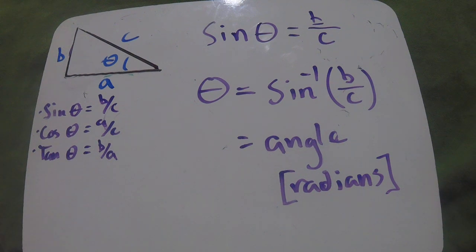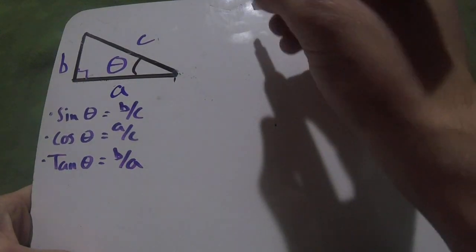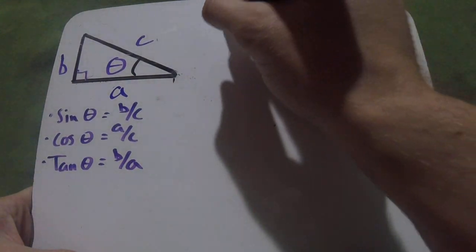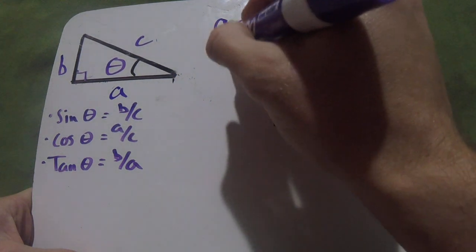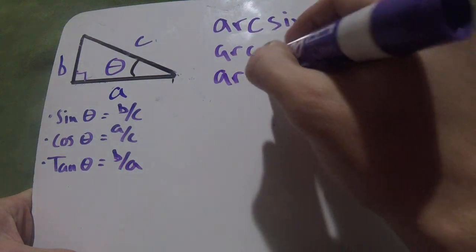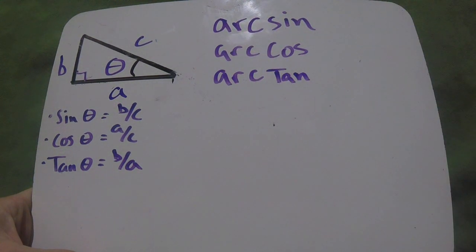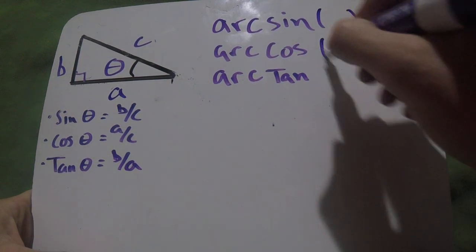Okay? Now, for the arc sine, arc cosine, and arc tangent functions, each one of these is going to yield the angle theta using different arguments.